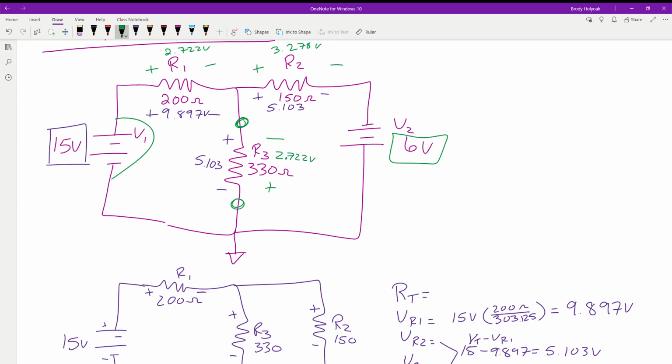The last step that we have to do is, now that we have found every voltage that we could get based on each of the supplies, now we have to combine them together. We look, first of all, to see, are they going in the same direction, polarity-wise, or are they not? 2 of them are.